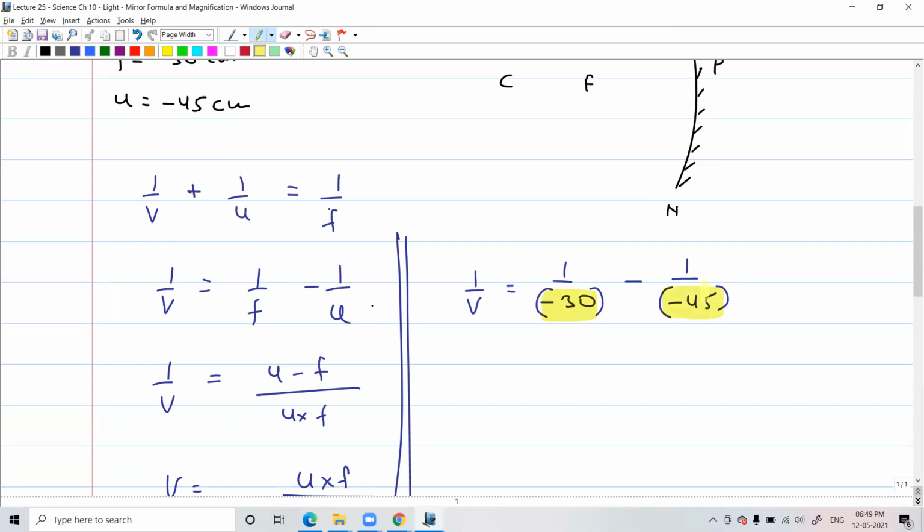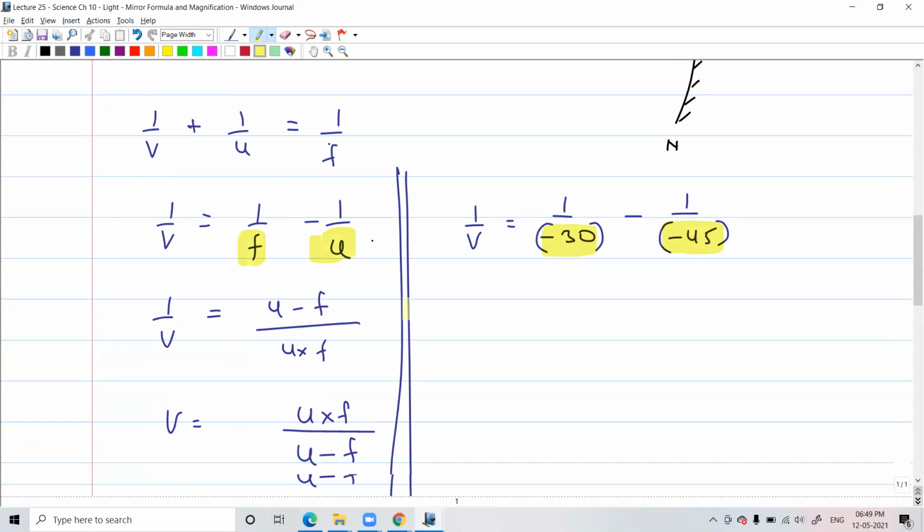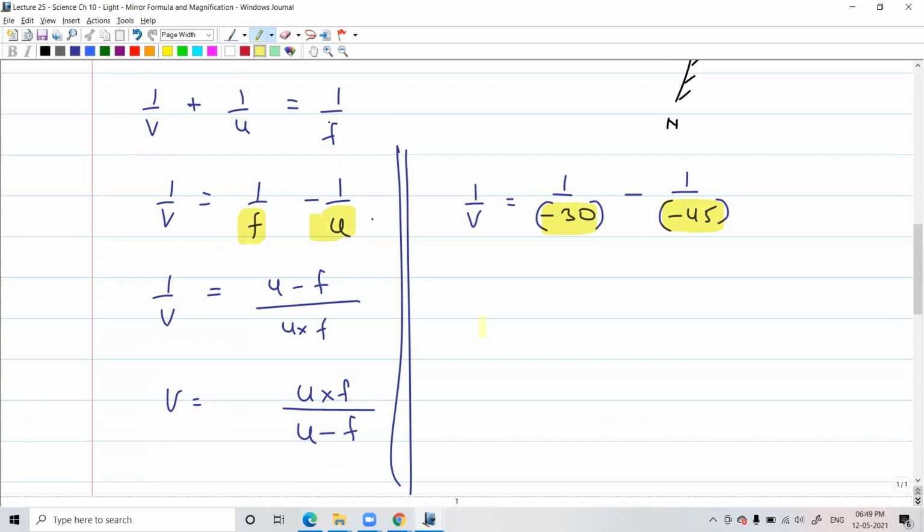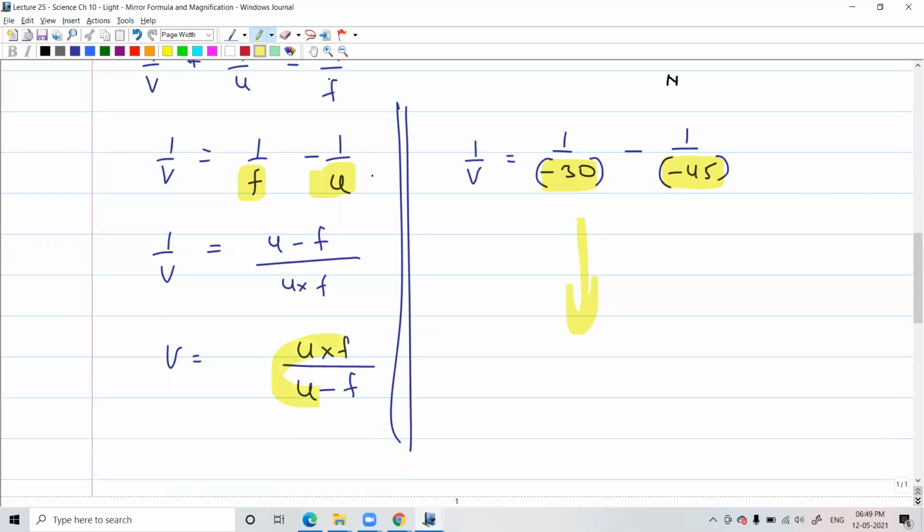So 1 by F minus 1 by U. Everyone understands how this is coming? Yes, sir. So whichever way is more comfortable, you do either this way or this way. You'll get the same answer. So simplify it, guys. Do this quickly. Tell me what is the value of V.